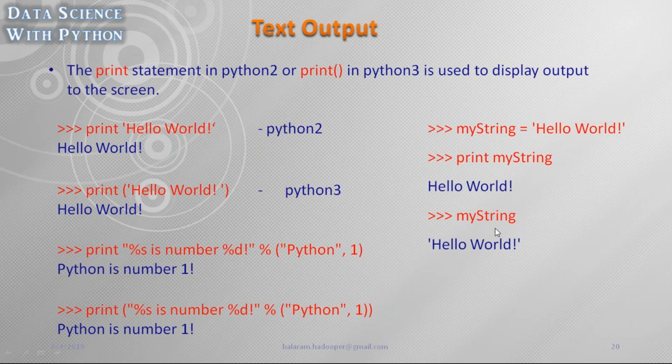And another way, this is the old style actually, the bottom one: print percent within the quotations, %s is a string and %d is a number. This is the old style of formatting the string. It looks like our printf statement in C language, generally in the C language.